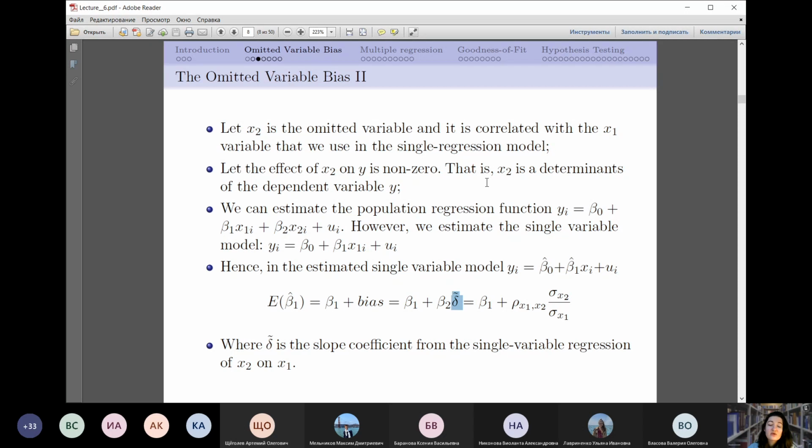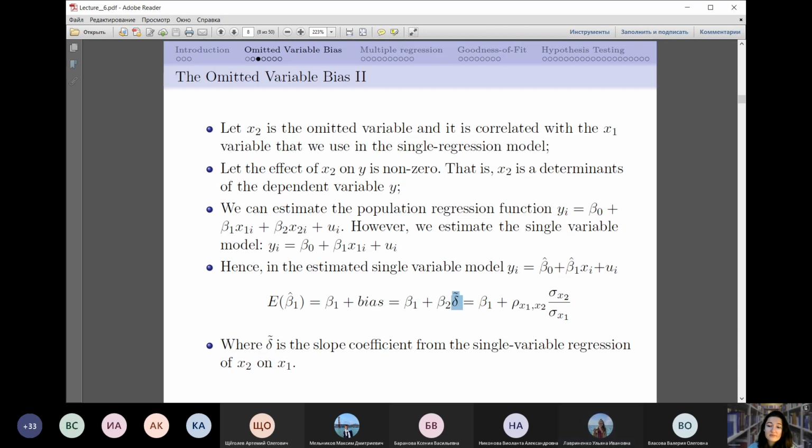In which case will there still be no bias? What do you think? Maybe when x2 has no effect. Yeah, right.